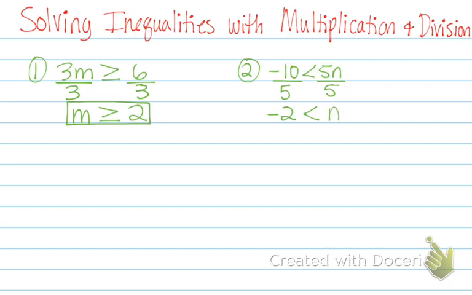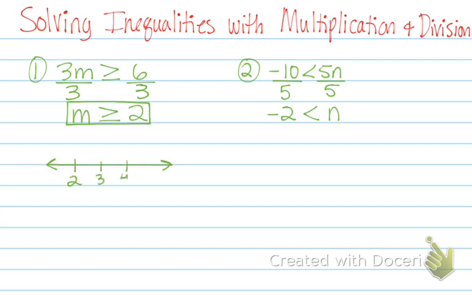Now, something that's going to be important when we get the solution to our inequalities is that we want our variable to be on the left side. The reason for this is that when we go to graph it, for number 1, we would say that m is greater than 2.